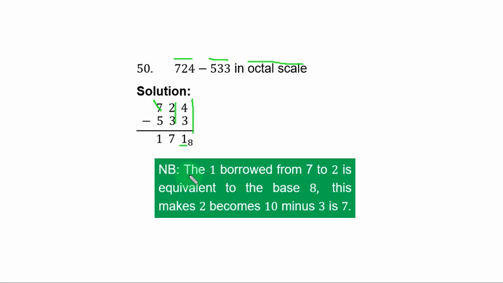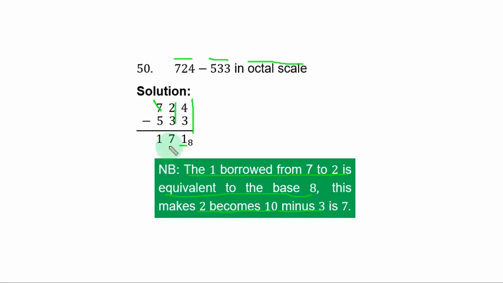Now listen, the 1 you borrow from 7 to the position of 2 is equivalent to the base 8. This makes 2 become 10. So when you add that 1 that becomes 8 to 2, you have 10, and 10 minus 3 is 7.